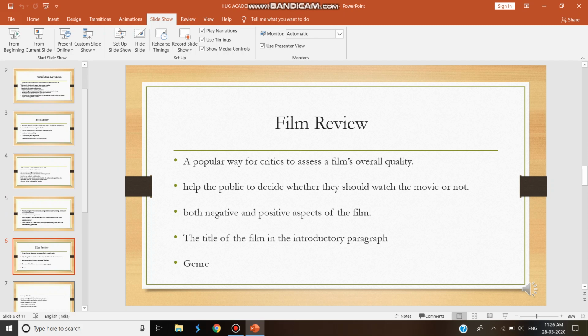As in the case of a book review, this film review is also a report. So it must have an introductory paragraph in which you need to give the title of the film. And what is the genre? Whether it is a drama, a romance, fantasy, thriller, or comedy.